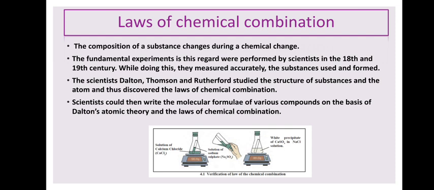Right? Now here in this particular diagram which is shown, you can see the reaction is taking place between a solution of calcium chloride and a solution of sodium sulfate. Also, the mass which is shown is exactly the same.